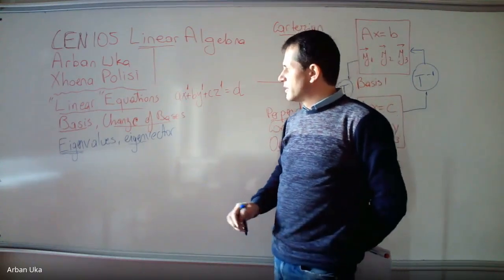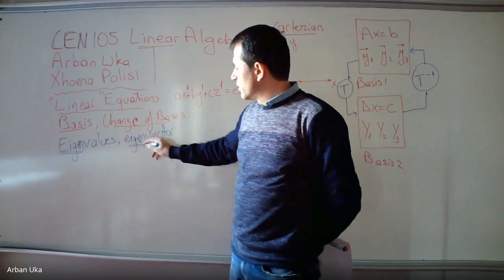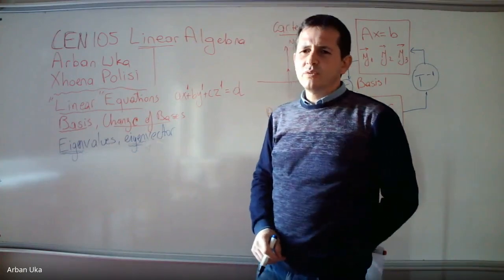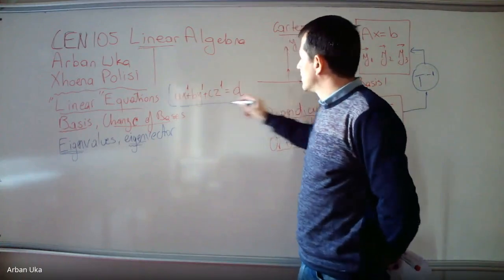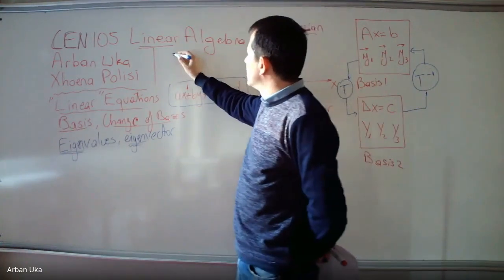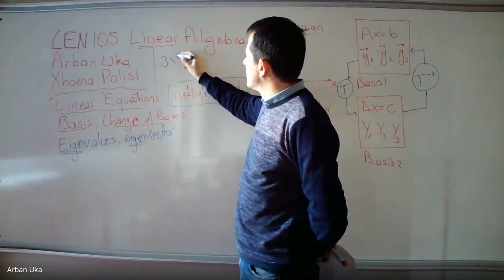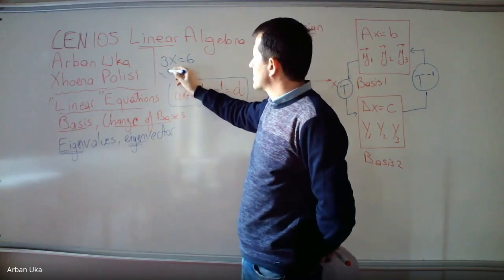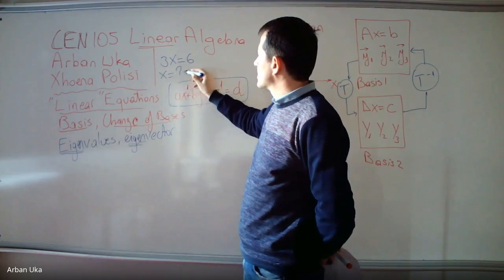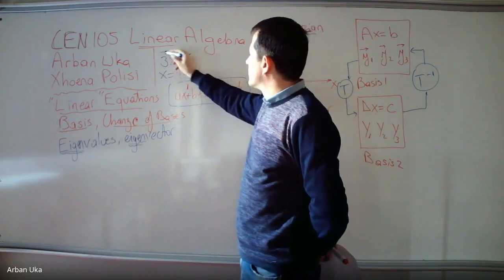But from that point onwards, we got the development of linear algebra, which is as simple as solving an equation like 3x = 6. The question is, what is x? We can say that x is equal to 2.